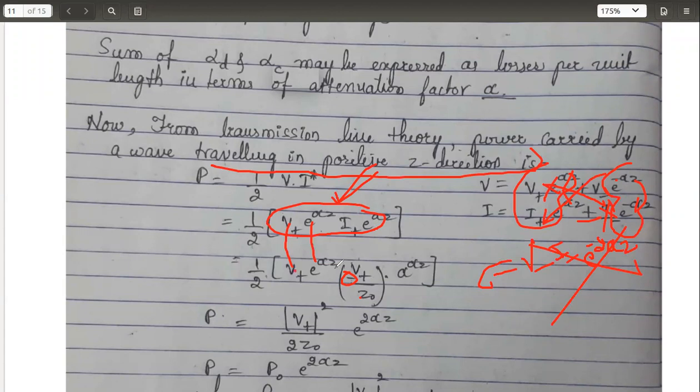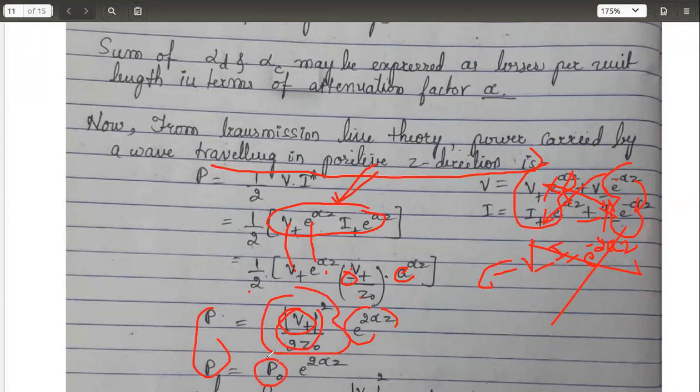Further, what I can do, v plus, so we have v plus square, and I am considering only magnitudes. It is 2z naught, alpha raised to 2, it is not alpha, I'm sorry, it is e raised to alpha z. So exponential will be 2 times alpha z. So how you can write this? P is equal to some magnitude, that is p naught.